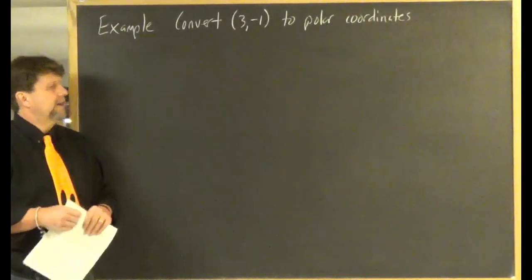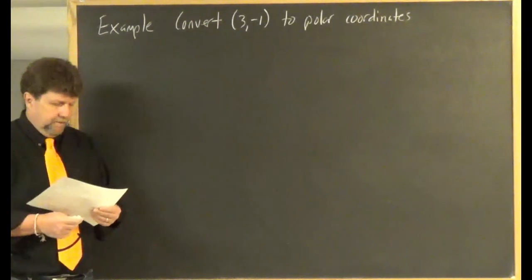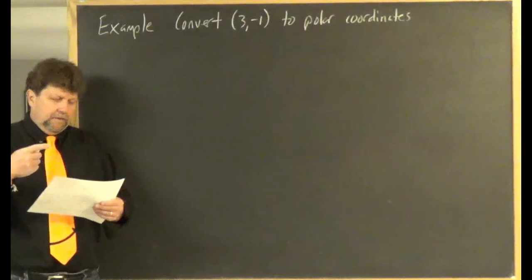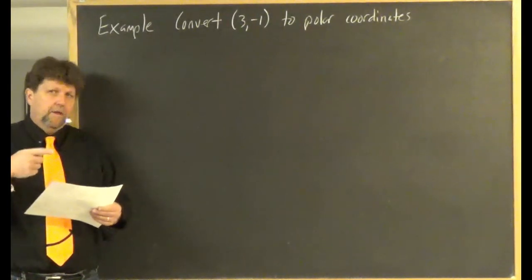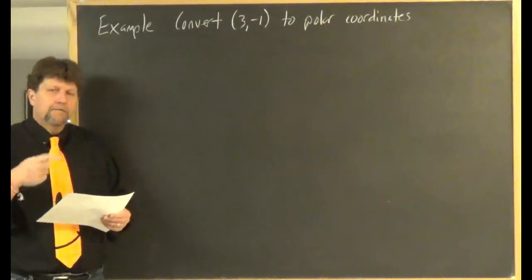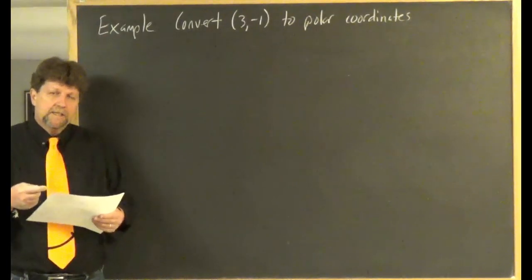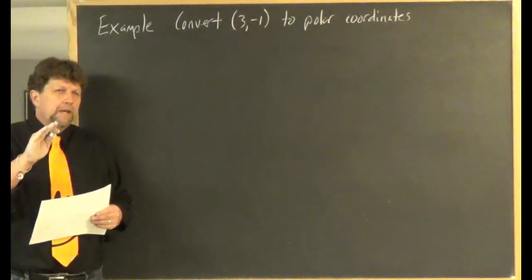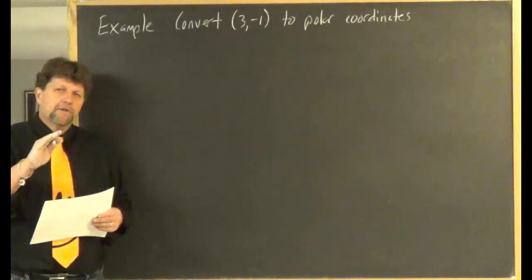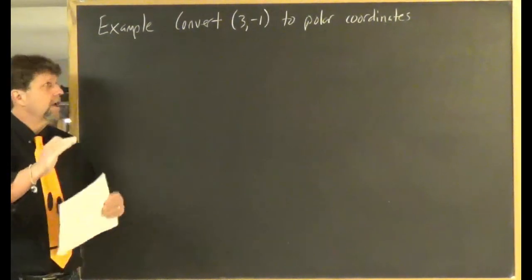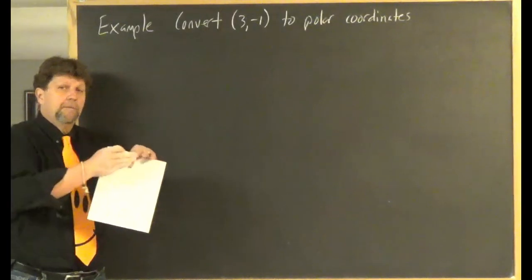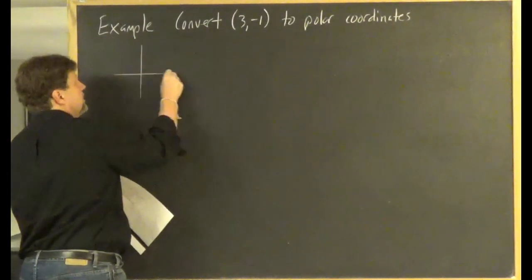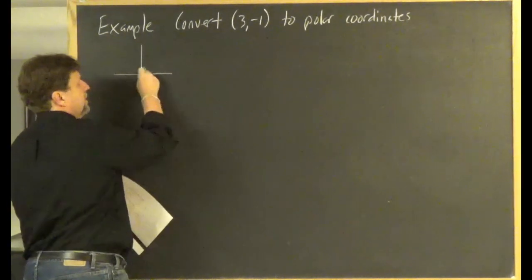All right, folks. Convert the rectangular point (3, -1) to polar coordinates. This is a little more involved. It's not as easy as the other conversions. So here's what I always do first. When I'm converting a rectangular point to polar, the first thing I do is quickly plot the point.